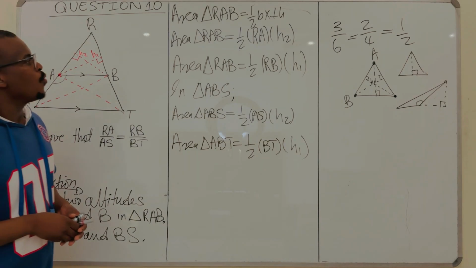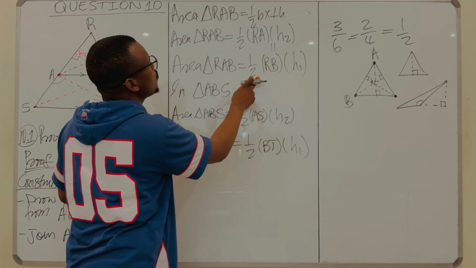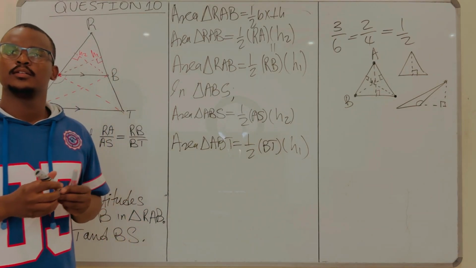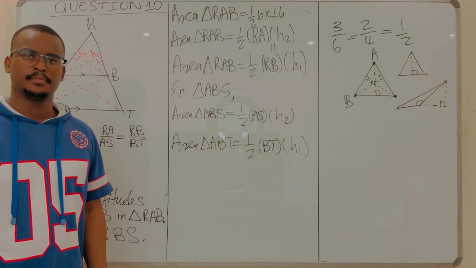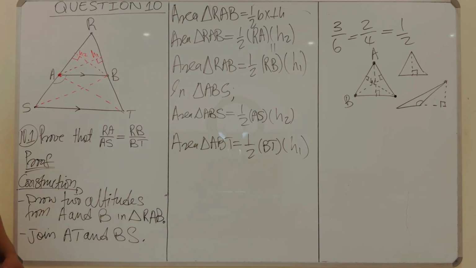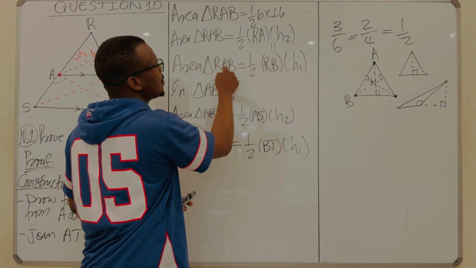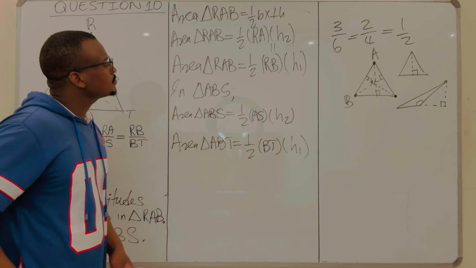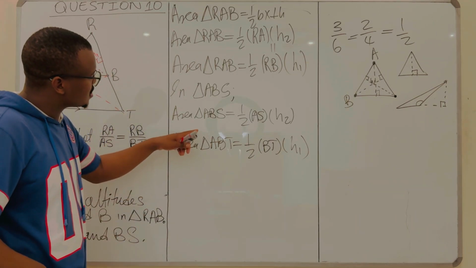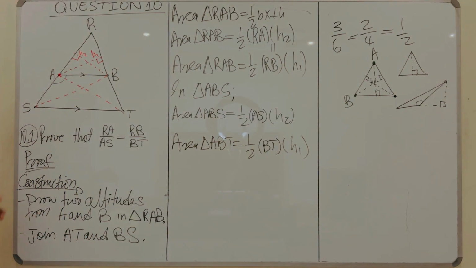So we discovered that these two areas are equal because this is the same triangle. If you're calculating the area of the same triangle, it should come out the same, right? No problem. We know that these two are the same because it's the same triangle, but just using different sides, right?